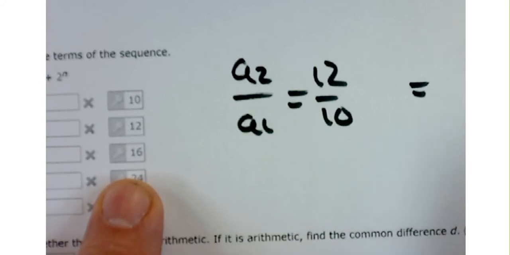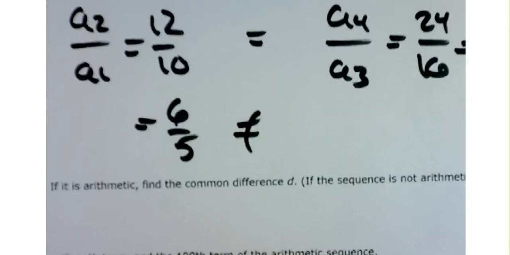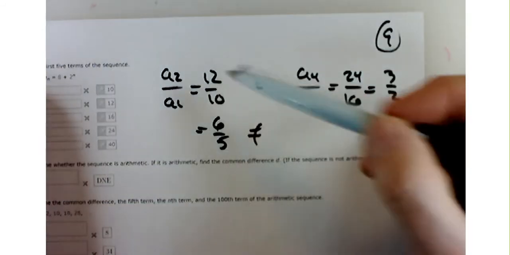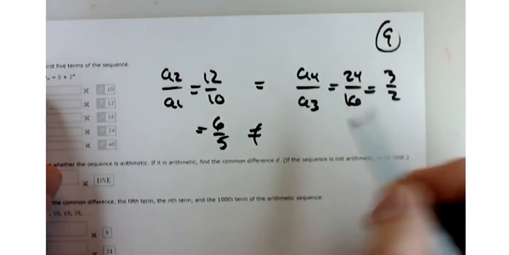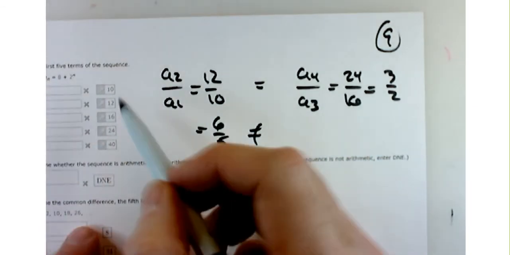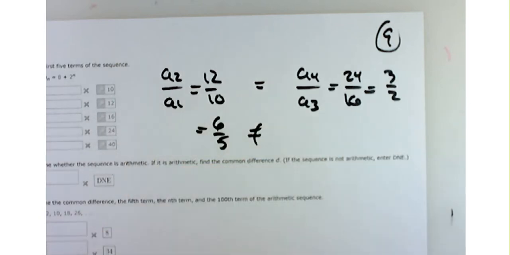That reduces to 3/2. This reduces to 6/5. Since these two ratios are different, this can't be a geometric series. In fact, if you looked at it, it's not even an arithmetic series. You're not going up by a steady amount each time, so it's neither. That would be D&E.